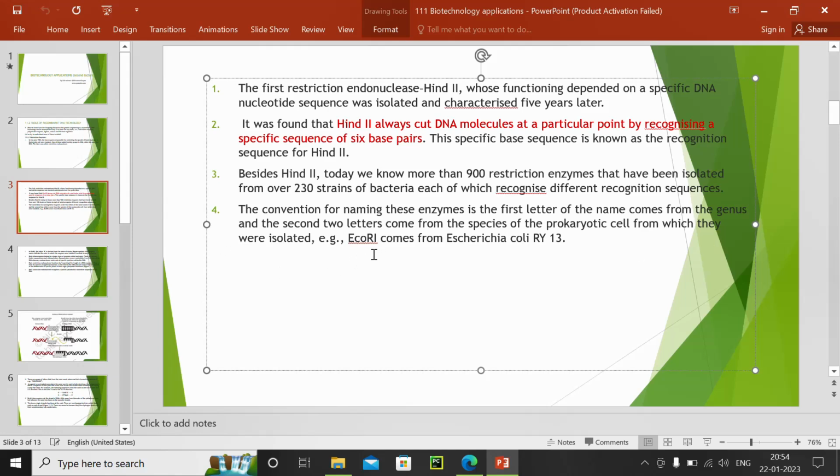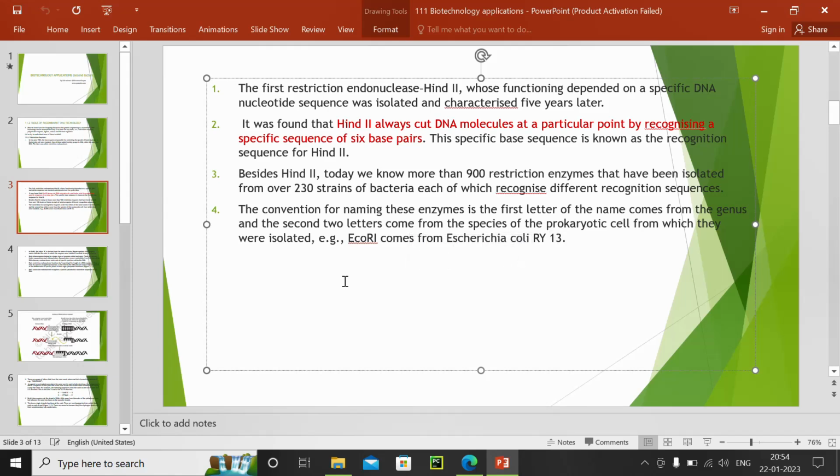Example is EcoRI, which comes from Escherichia coli, where Escherichia coli is the microorganism and RY is its strain and 13 is its number.